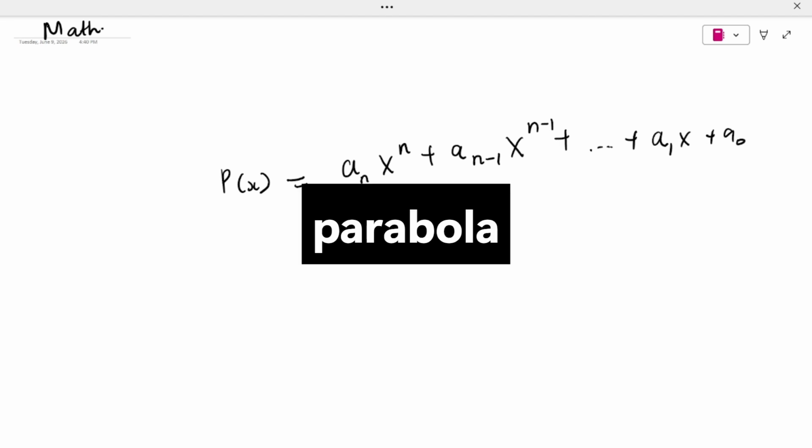The general formula of a polynomial is p(x) = a_n x^n + a_(n-1) x^(n-1) + ... until infinity ... + a_1 x + a_0. This is an example of a polynomial.